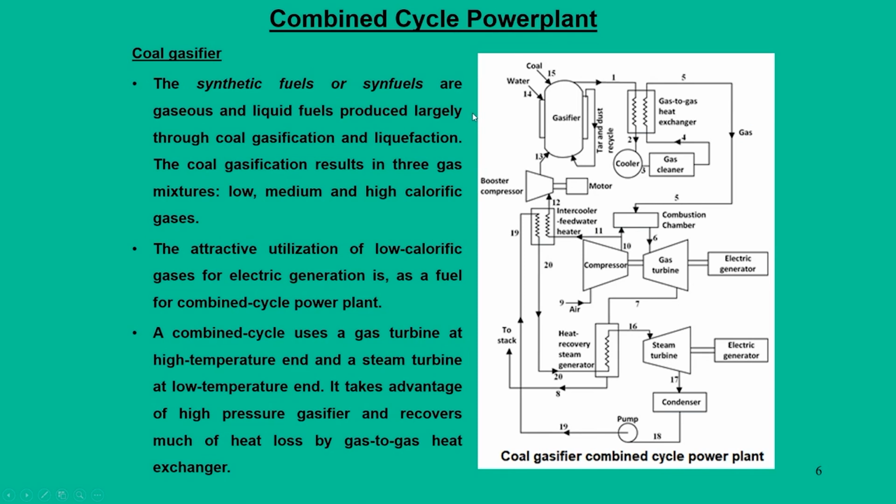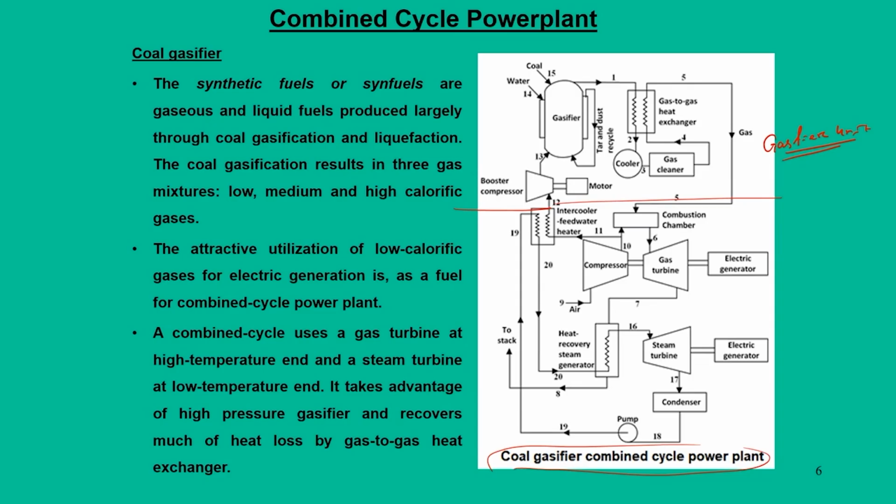With a similar analogy, we can think of a coal gasifier based combined power cycle. Here there are three basic units. One is the gasifier unit, and that gasifier unit normally handles coal.